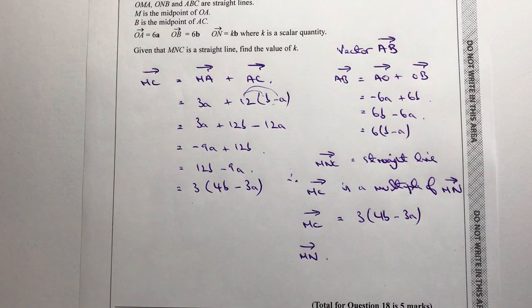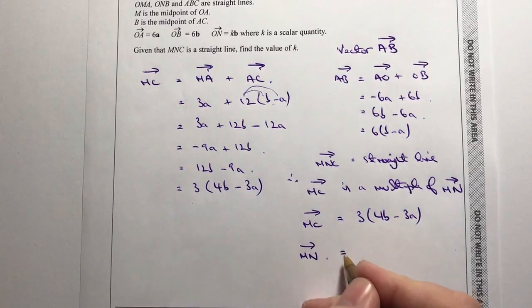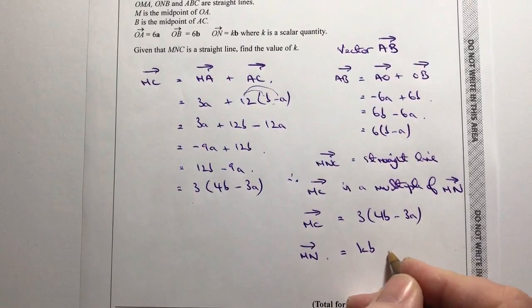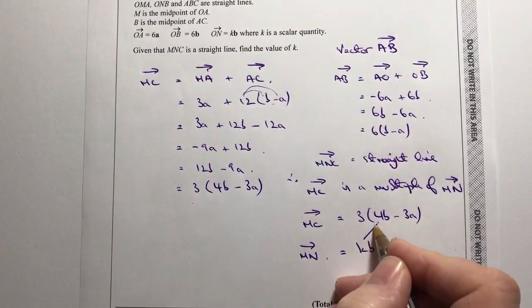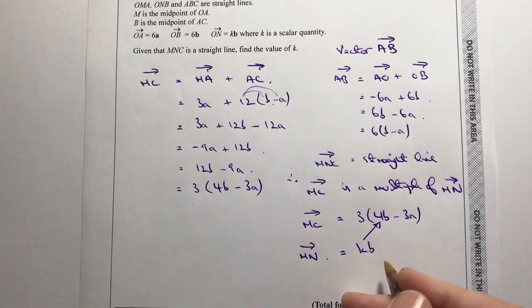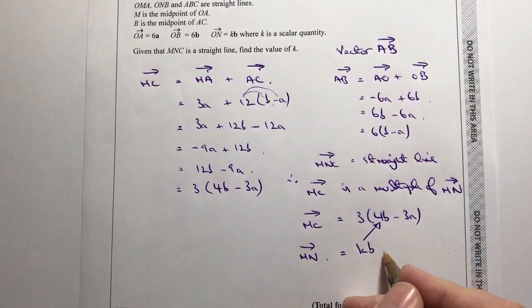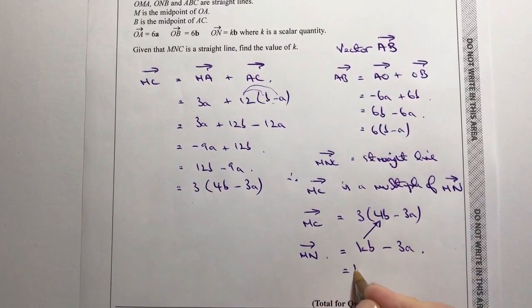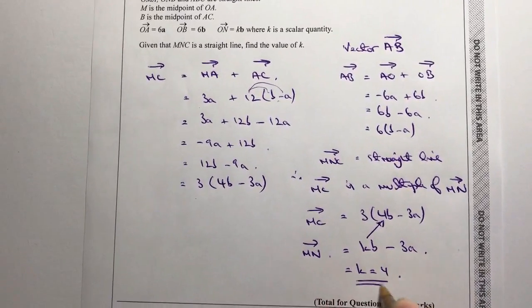So therefore, it must be that if it's kb, then it must be this value of 4 over here. So vector MN, if it's a multiple, then it'll be kb minus 3a, so this value of k equals 4.